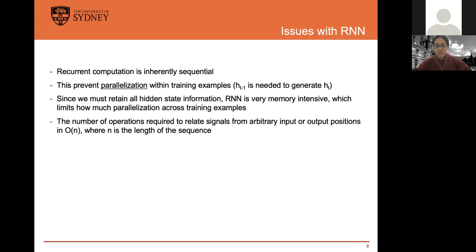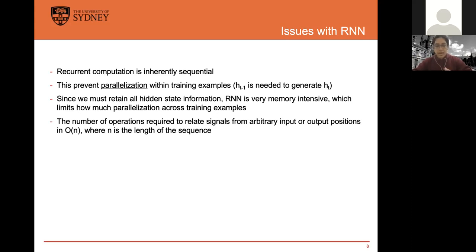The problem is that there is very minimal scope for parallelization of computation, because you need the hidden state of the last layer as an input for the next layer. So it's inherently sequential.